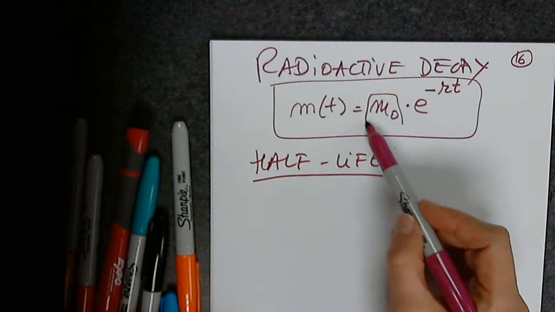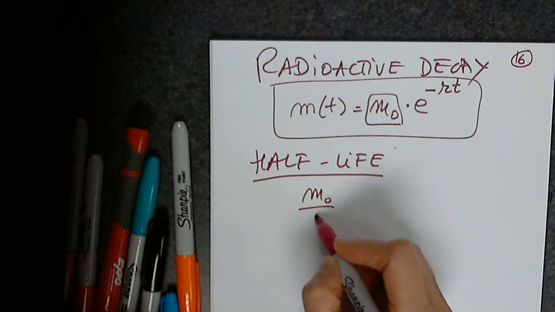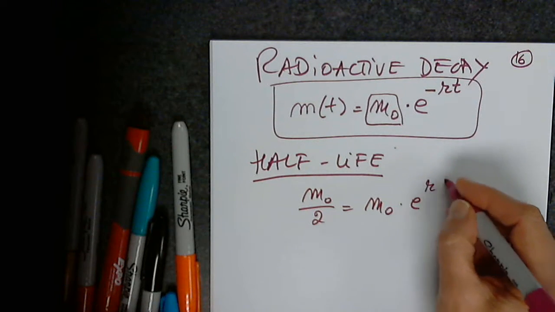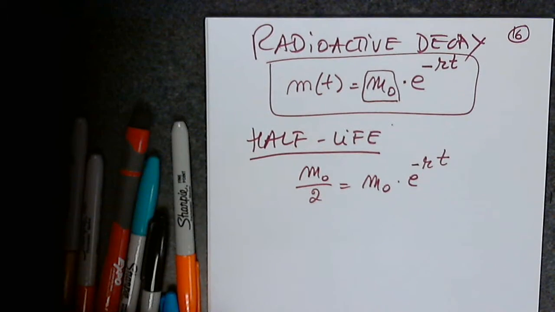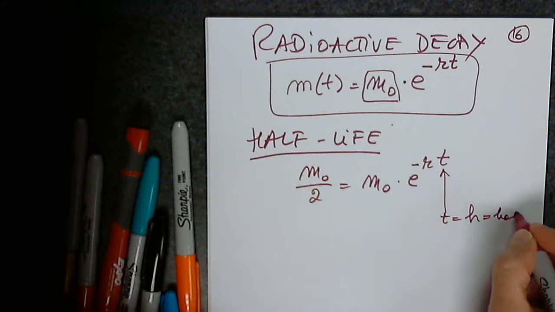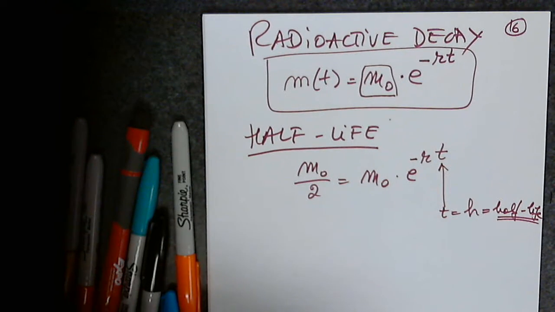If I start with M0 and the mass in time gets to half of M0, okay? So let's see what happens here. T will be what is called H, half-life. So again, we are ready to start.